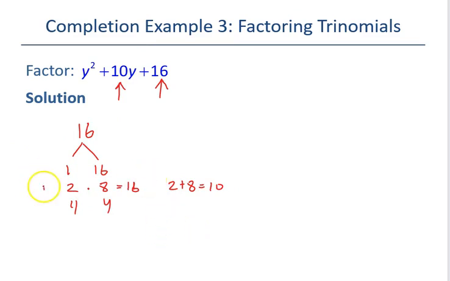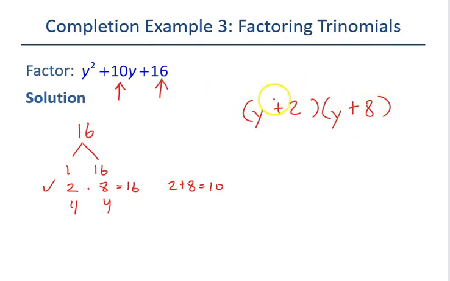There we go, we got it. Since we have a leading coefficient of 1, I can write both my parentheses with y in both of them, and then put the plus 2 in one and the plus 8 in the other.